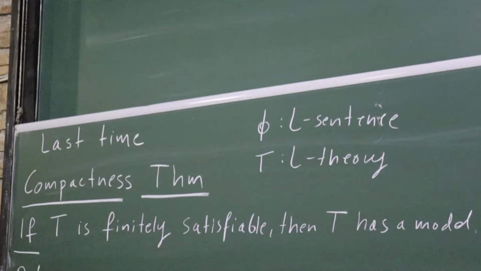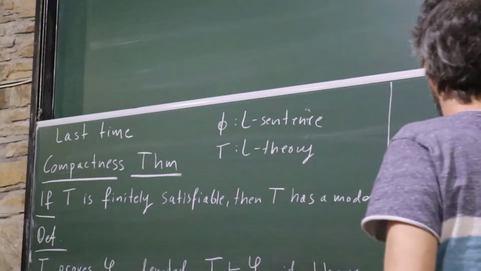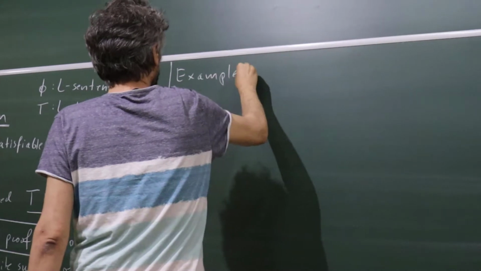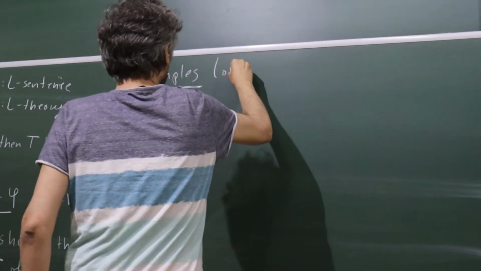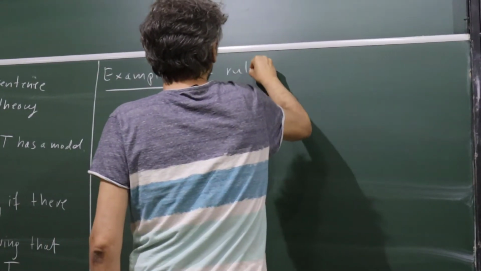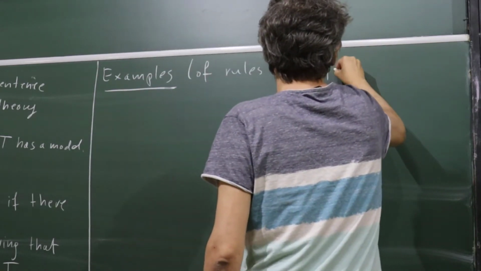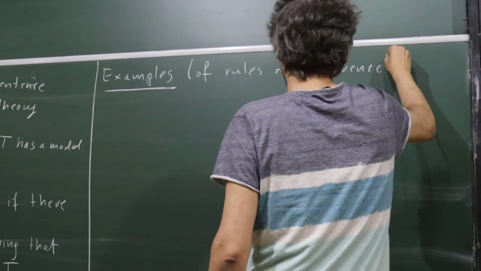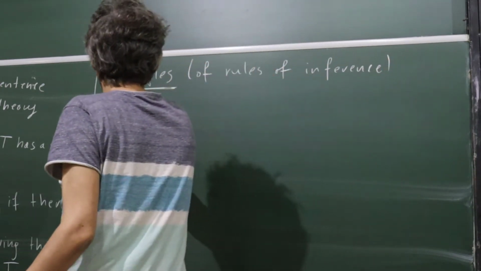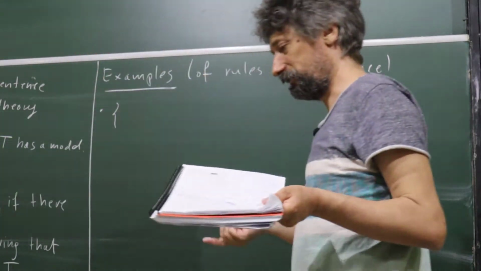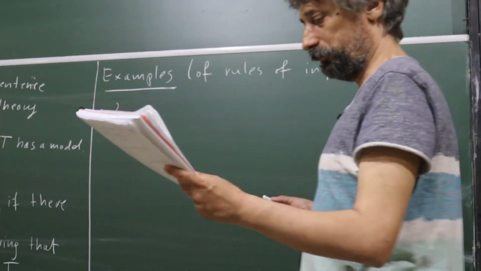So I will give just examples of some of these rules of inference. All of them are pretty obvious. Such rules that everybody has to agree can be used.